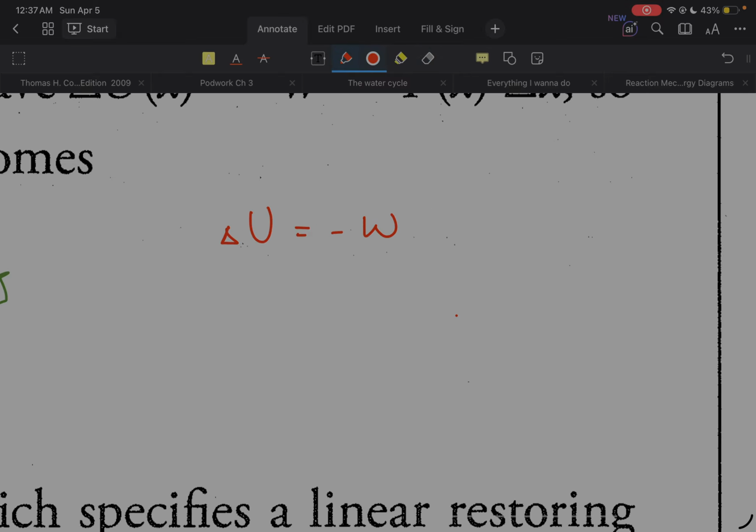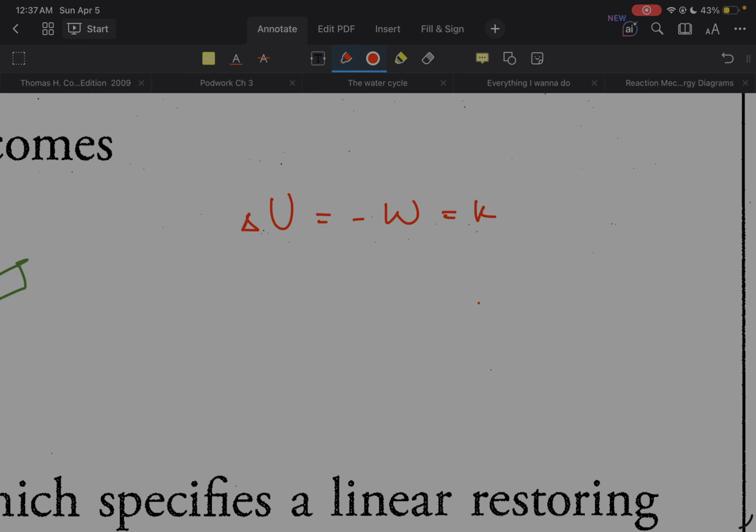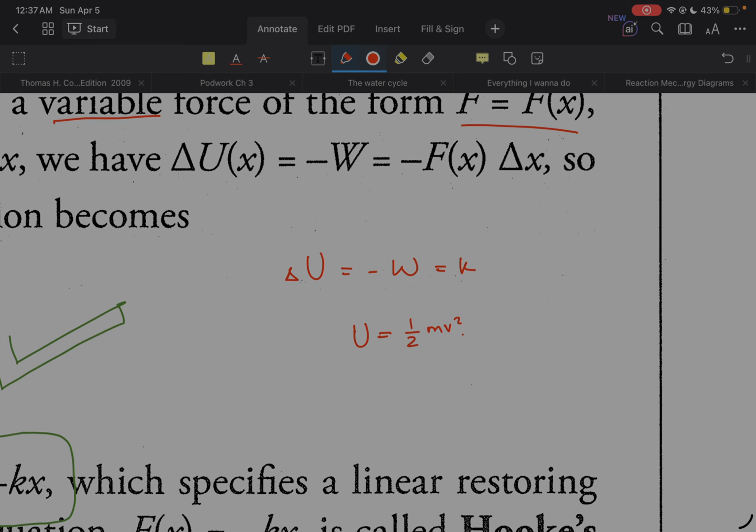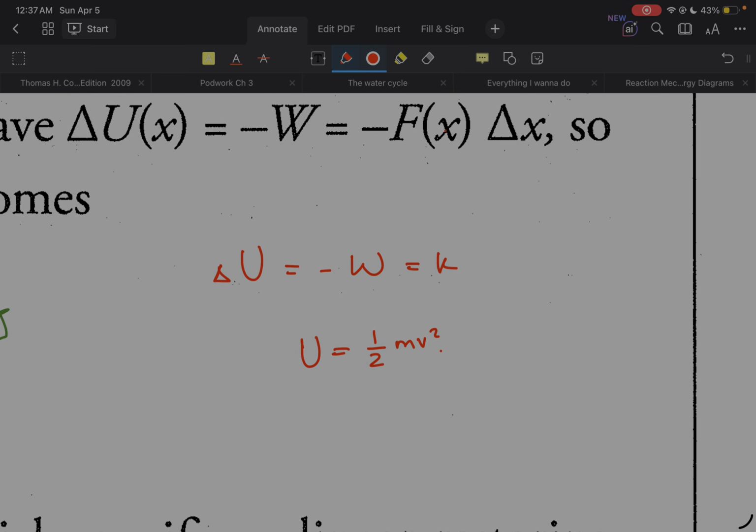And using that, we can also substitute with K. Thus, we get delta U is equal to delta K, which is equal to 1/2 mv squared. And remember, it's not equal to just K, but it's equal to K times change of x, or the integral of the force times x.